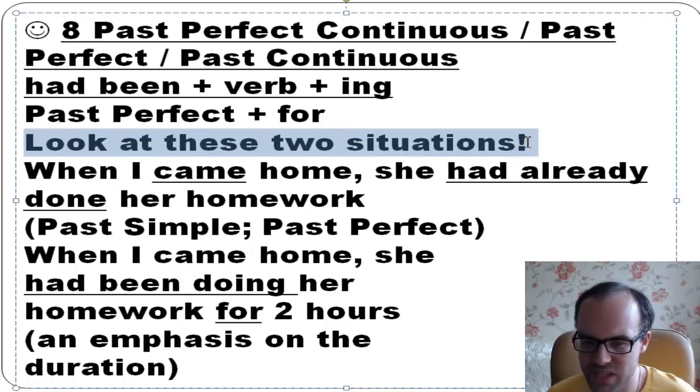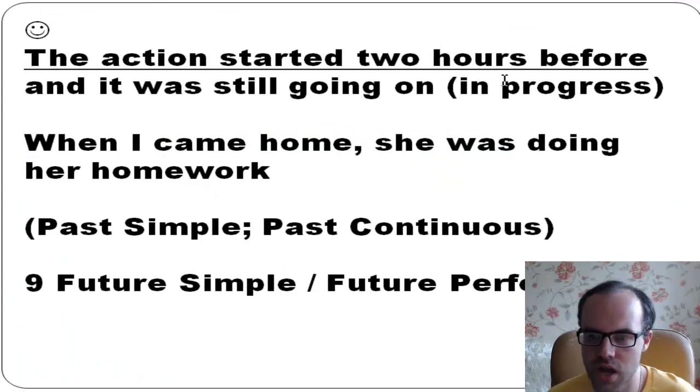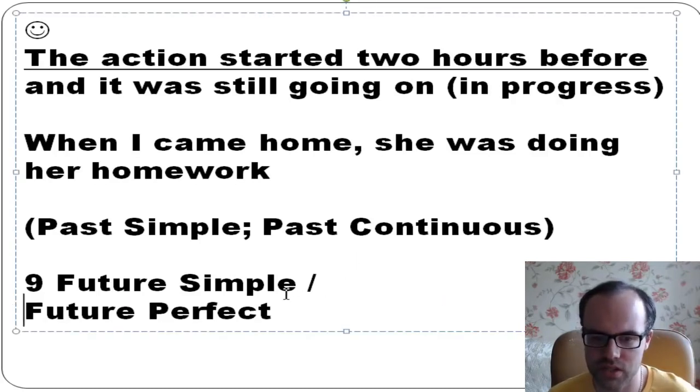So there is an emphasis on the duration. It tells us that this action is long. The action started 2 hours before, and it was still going on. It was still in progress. And there is one more situation, the third one. When I came home, she was doing her homework. So it's past simple and past continuous.